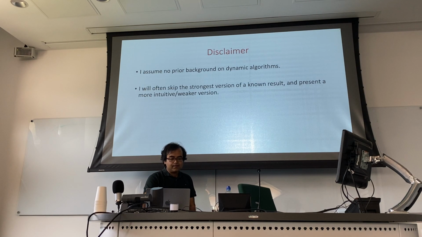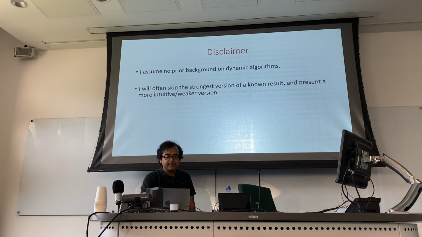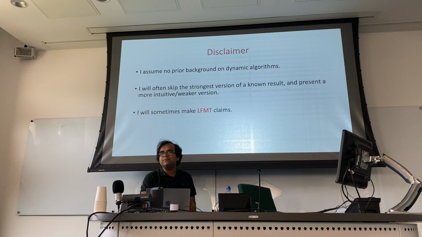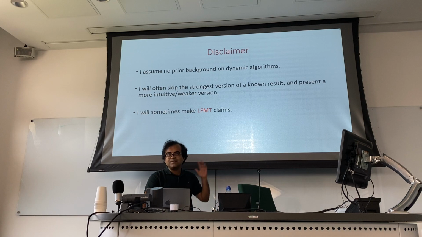I will often skip the strongest version of a result and instead present the more intuitive and weaker version to make the talk more meaningful. And I will often make claims that I will call LFMT, an abbreviation that should become more popular, just like WLOG. LFMT means literally false but morally true.